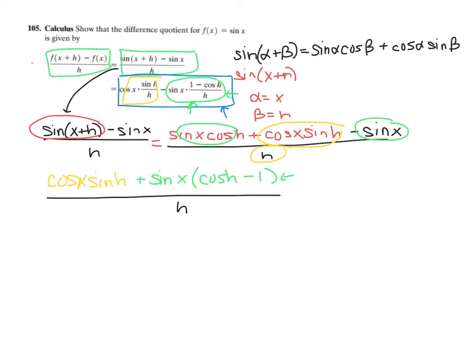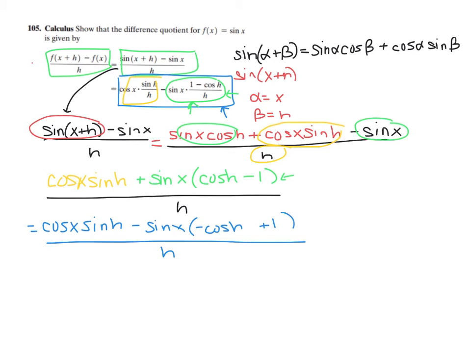If in the beginning you factored out a negative sine x, that actually would have given you the same result. So my next step is going to be cosine of x sine of h minus sine of x times negative cosine of h plus 1. This is all over h. Keep in mind that negative cosine of h plus 1 is the same as 1 minus cosine of h, just a different way to write it.